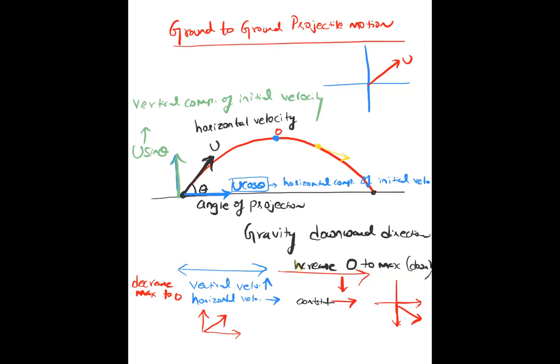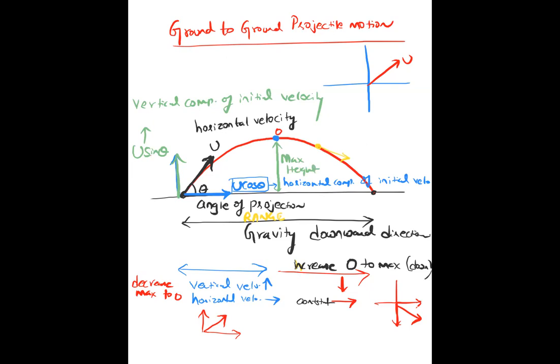After you write down this slide, we will derive the formulas for the range, which is this, and the maximum height, which is this. These two formulas we are going to derive.